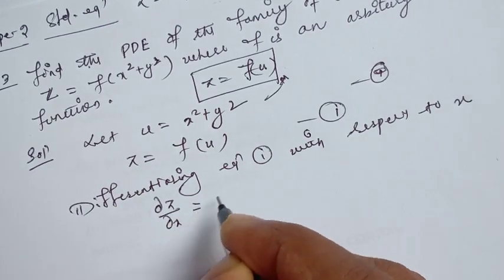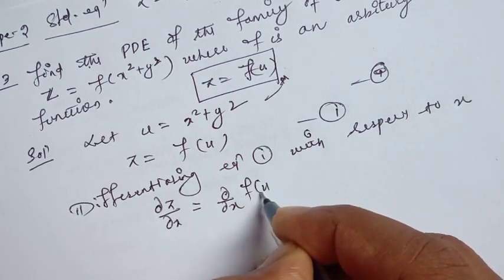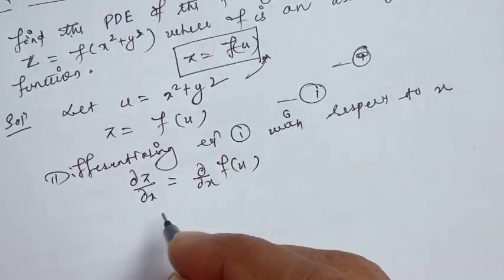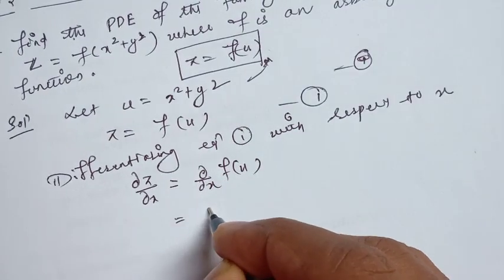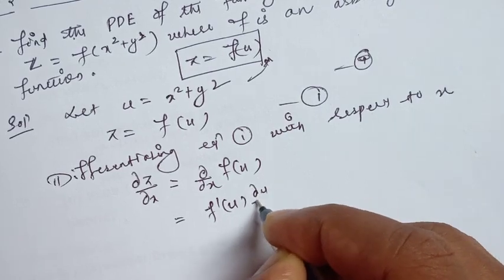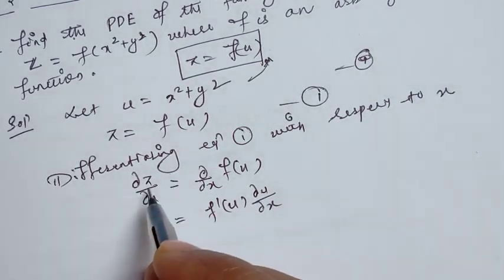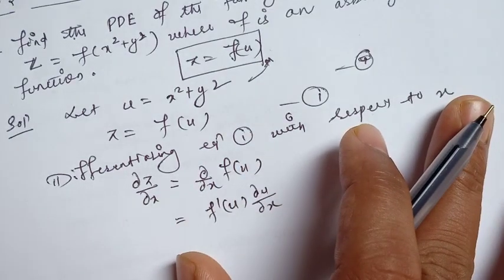dz by dx is equal to d by dx of f(u). This will be f dash u du by dx. Okay students, and we know that dz by dx is equal to p.